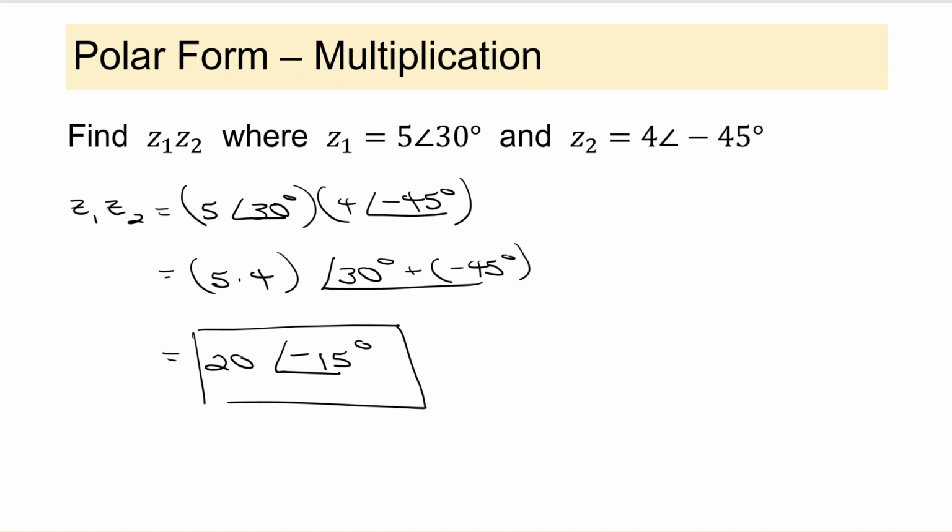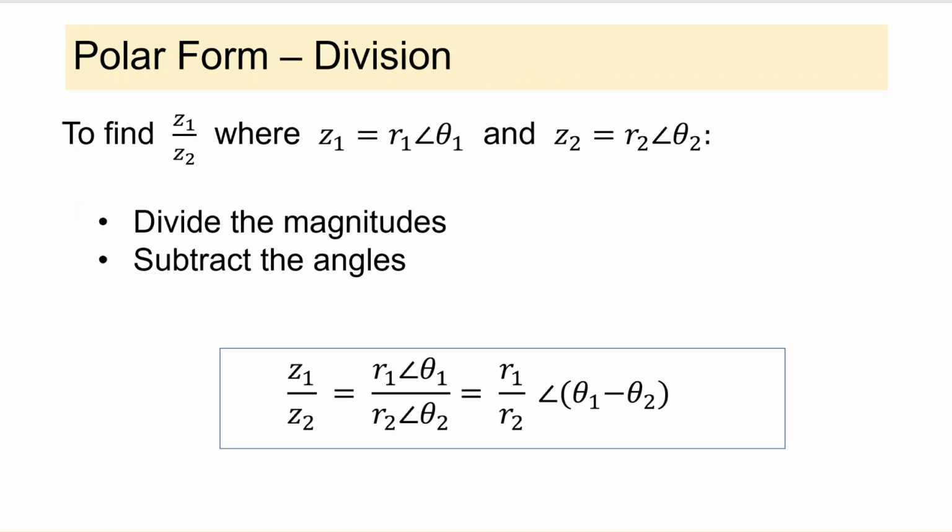Well, let's talk about division. It's equally as nice. So I'm not going to write it out in exponential form, but let's think about what's going to happen. Oh, actually I will. Why not? So if I wrote these in exponential form instead of polar, it would look like this. R1 e to the i theta 1 divided by R2 e to the i theta 2. So R1 divided by R2, we can just kind of pull that off.